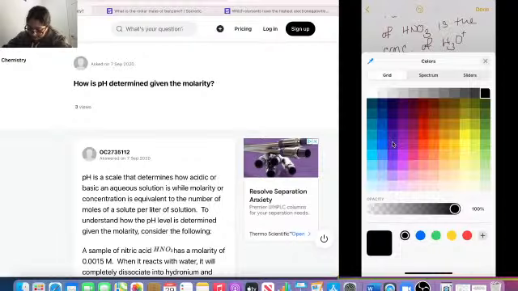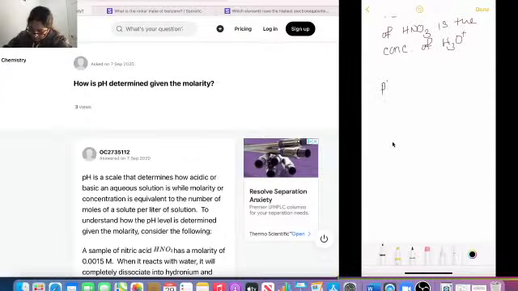You calculate pH by taking the negative log of the concentration of your hydronium ion. Substituting the value of your initial nitric acid's concentration, which was 0.0015 moles per liter, it's basically the same thing.